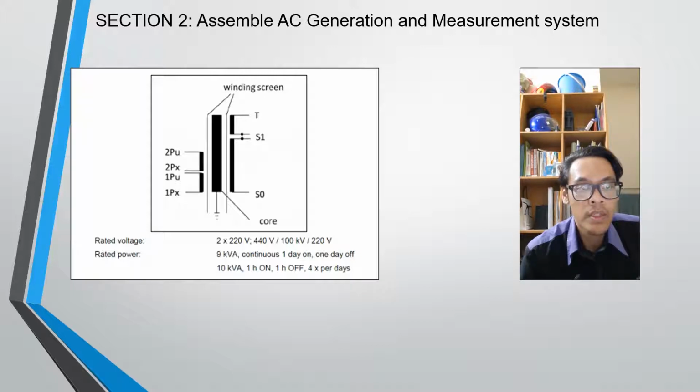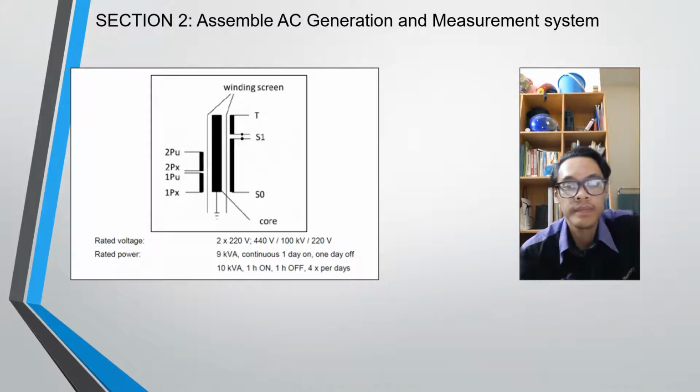The rated voltage for the single phase AC voltage test transformer is 2 times 220 volt, 440 volt, 100 kV and 220 volt. The rated power is 9 kVA continuous, 1 day on, 1 day off, and 10 kVA 1 hour on and 1 hour off, 4 times per day.